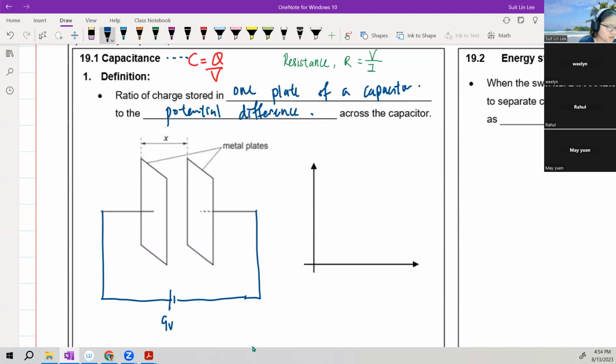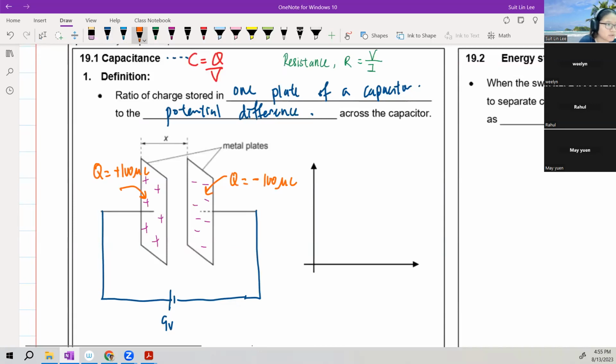Okay. And then because this is positive terminal, so the charges will begin to move. The negative terminal will make one plate negative, and the positive terminal will move all the charges and make the other plate positive. So that means on this plate, right, the charge is, let's say, negative 100 microcoulomb. Then this charge here would be positive 100 microcoulomb.